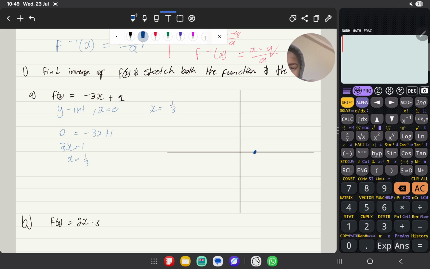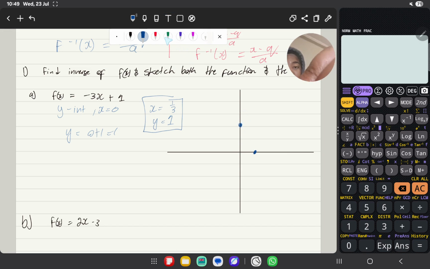The y-intercept, x equals 0. So you have y equals 0 plus 1, which is 1. So you have y equals 1. Let me put it here, say this is 0, 0.5, this is 1.